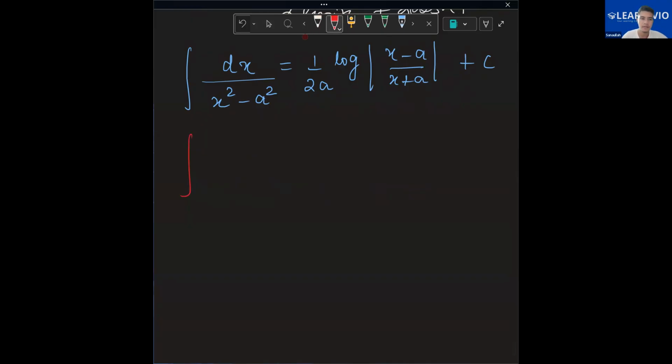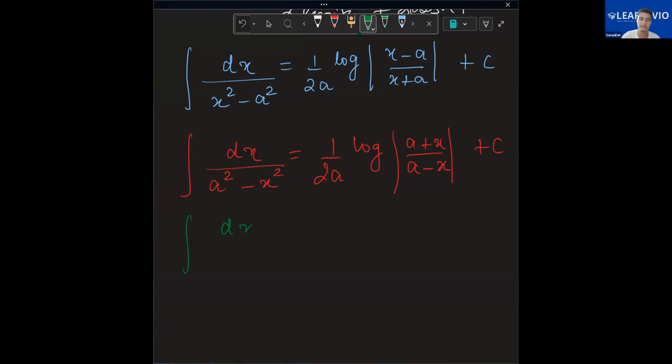For the second one, you have dx upon a square minus x square. ये जो a आपका है, that is a constant, but x is variable. So for this, you will have 1 upon 2a log of a plus x upon a minus x plus c.